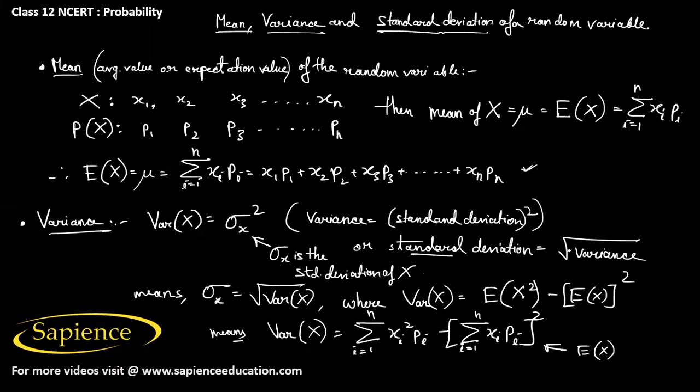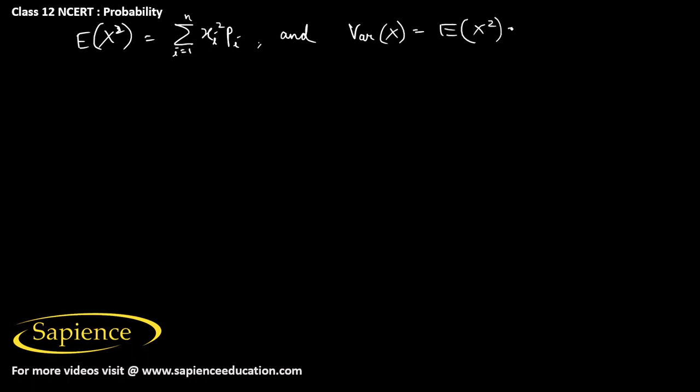And this first one, the expectation value of x square, is defined as summation of i goes from 1 to n of xi square into pi. And the variance of x is the expectation of x square minus the expectation of x whole square.